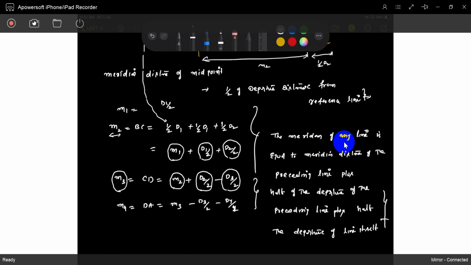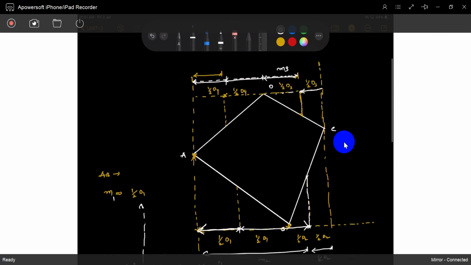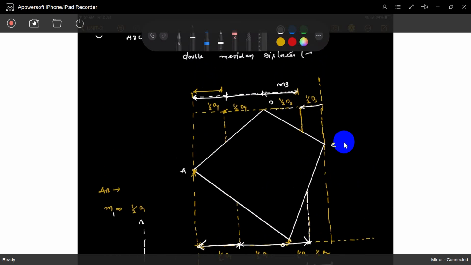Sir, what is the negative sign? If you take it as the CD line, you already know the longitude is this and the departure is this. Westward is negative, eastward is positive. Similarly for latitude, northward is positive, southward is negative.